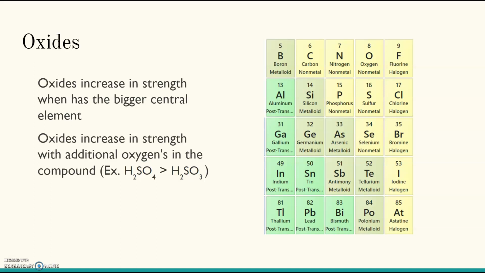Those are the rules for how to determine how strong an acid will be. And with those rules, you'll now be able to work on the worksheet for tomorrow, which will go over how to choose a strong acid, determine a conjugate acid and base, and rank acids in terms of increasing strength.